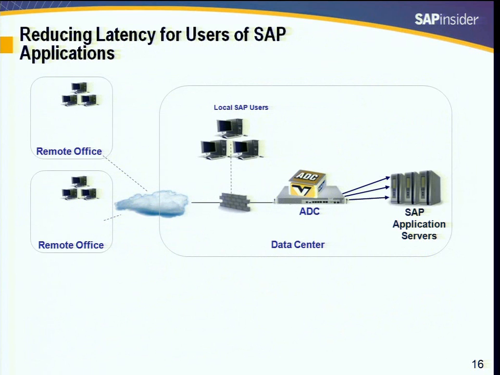The second is, how do you reduce the latency to the user? Reducing latency can be done in many ways. I talked about one: since these ADCs sit in a reverse proxy configuration and route those requests to the backend applications, you can use TCP multiplexing techniques to reduce the number of connections that you manage.